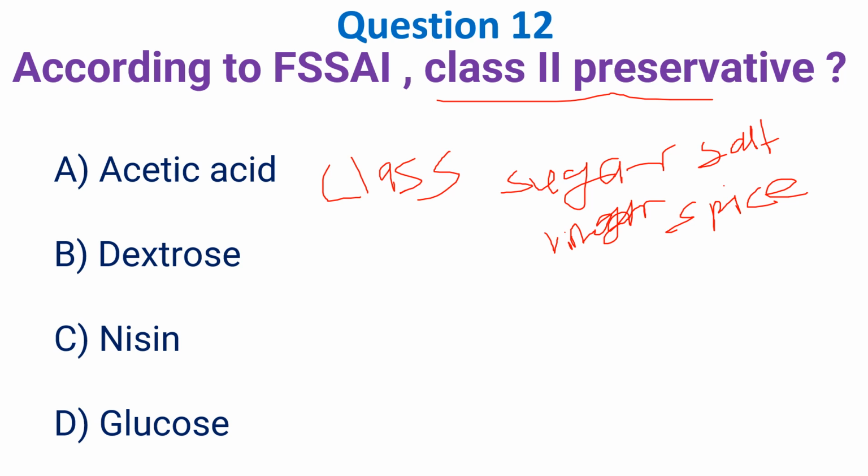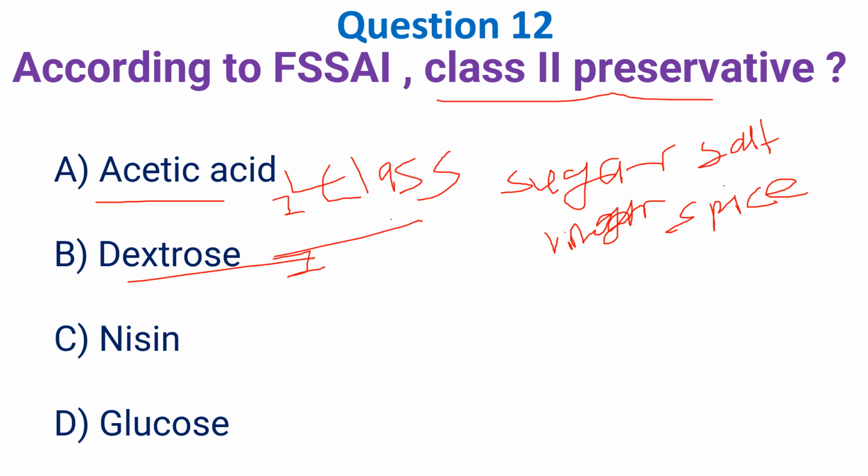And the options are acetic acid. It belongs to class 1 preservative. Dextrose is also used as a sugar, so it is under class 1 preservative.